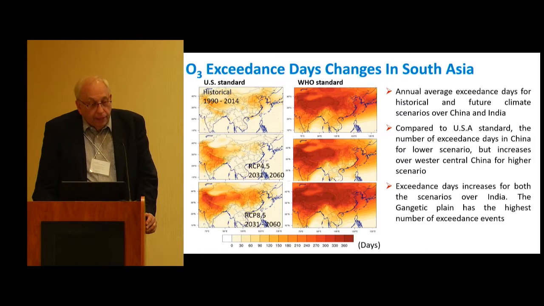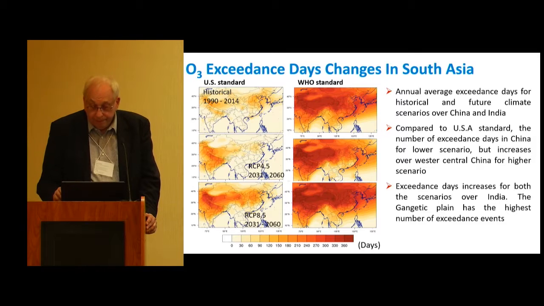So looking at India and China, generally in India, as you see, the amount of exceedances tends to increase, depending on what part of India. And in China, as we saw with the United States, the RCP 4.5 scenario generally shows a decrease, and some increase in some areas with the higher scenario.